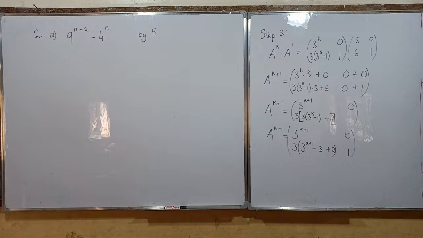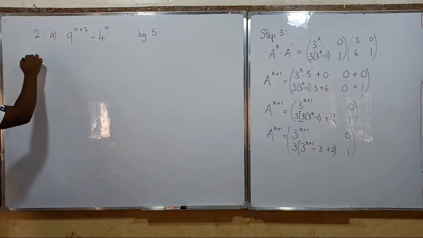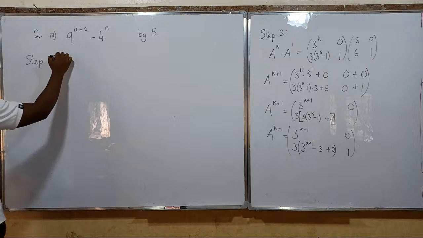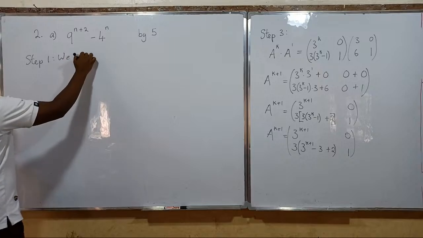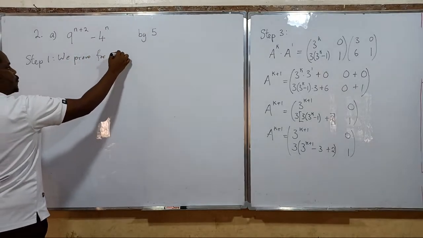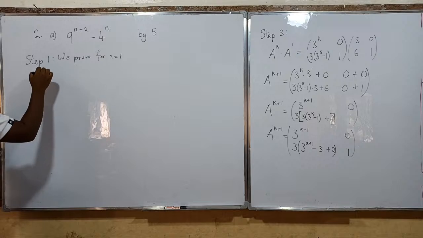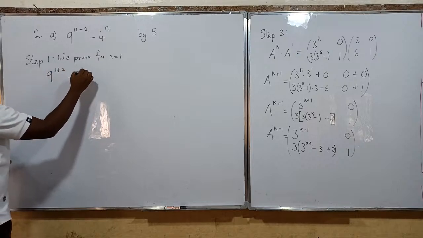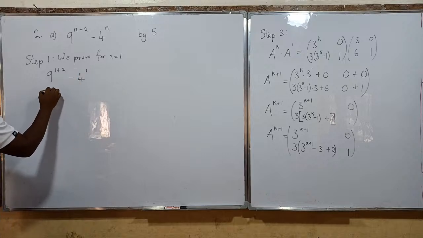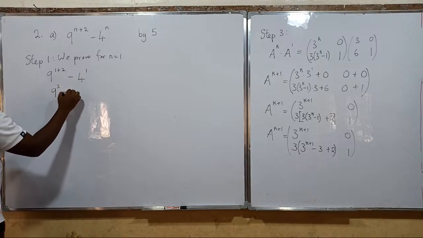What are you getting if you replace n with 1? So step 1, as usual, we prove that it's true for n is equals to 1. So we say 9 to the power 1 plus 2 minus 4 to the power 1. So this is 9 to the power 3 minus 4.